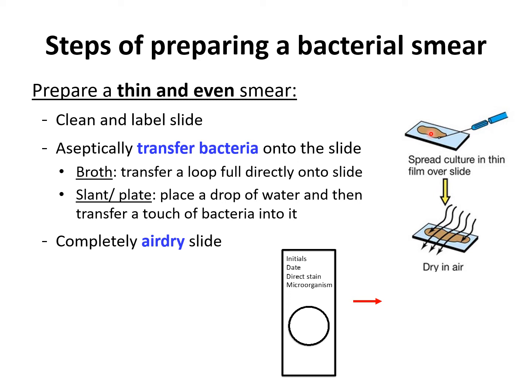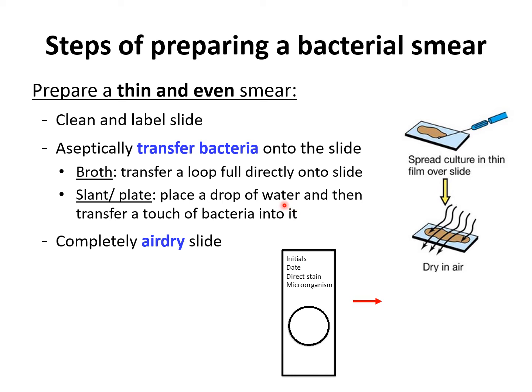After you've placed the drop of water onto your slide, before I tell you the next step, that water shouldn't be too much. You don't want to add a lot of water on your slide. A very, very super tiny drop of water, and I'll explain why you don't want to put too much water.